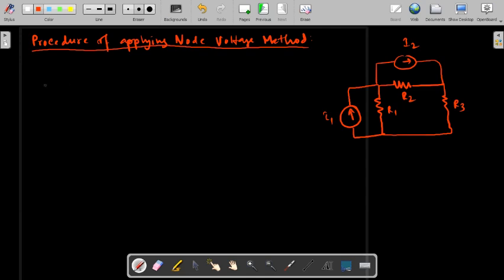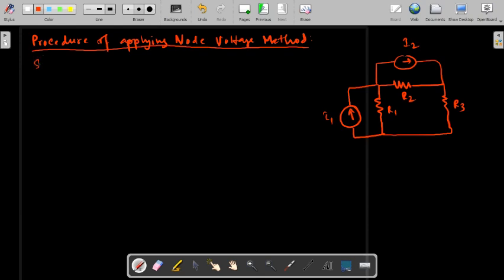Now whenever you are applying the node voltage method, first you have to mark some voltages and currents. So I am mentioning the step by step procedure for applying the node voltage method.